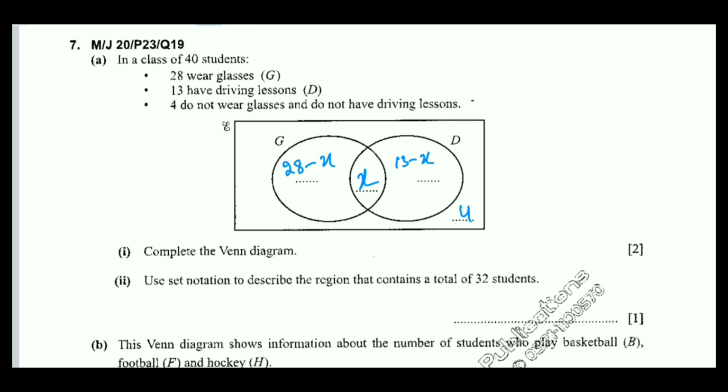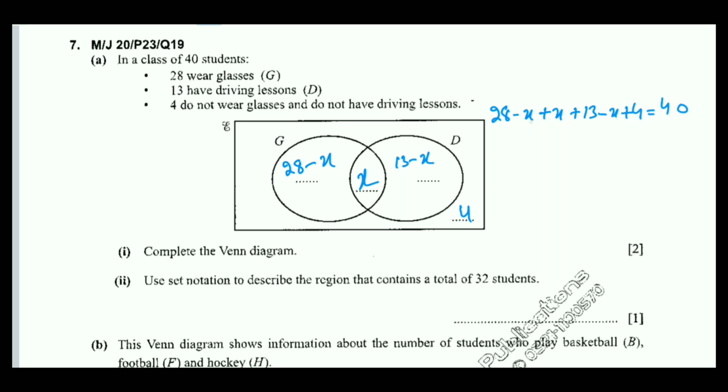Now we have to find the value of X and then put that value in place of X here. So how to find X? The total number of students is 40 in this question. It means the sum of all the values should be 40. So 28 minus X plus 13 minus X plus 4 is equal to 40.